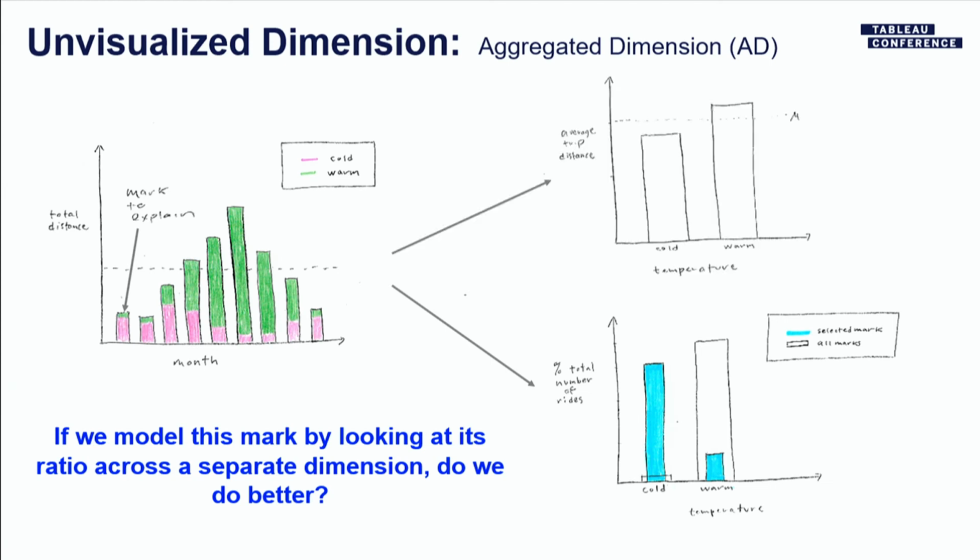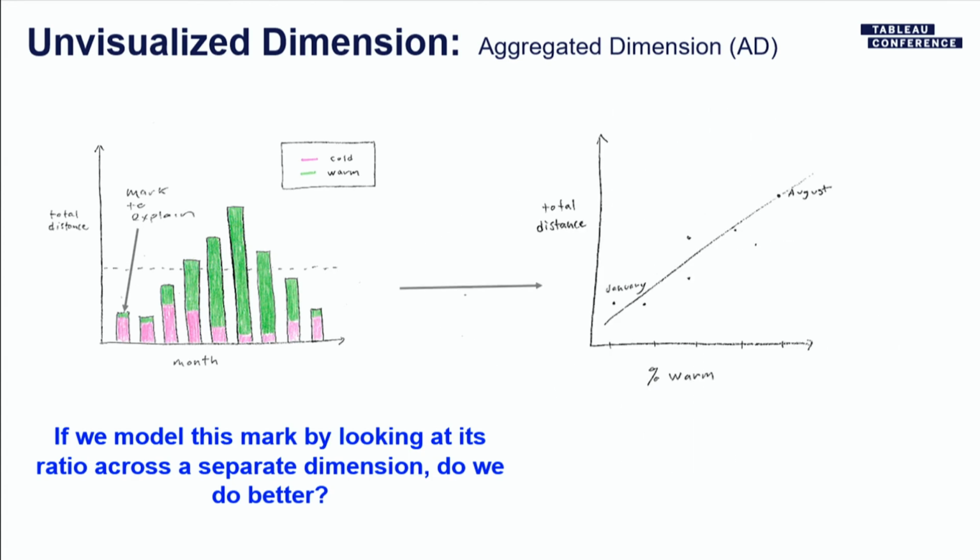Also, we can look at the average trip distance for cold rides versus warm rides. And we see that cold rides tend to be shorter. And so here what we're saying is January had more cold rides, and cold rides tend to be shorter, so this is a possible explanation. We can also represent this as a scatter plot where we look at total distance as a function of the percentage of warm days.